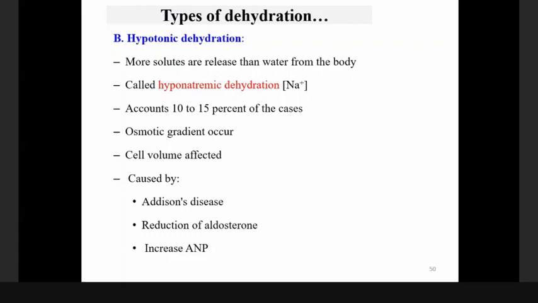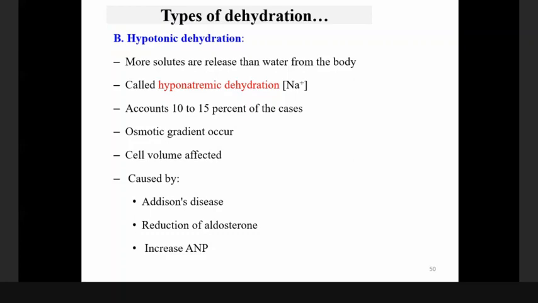So the sodium concentration is going to reduce, and if that is less than 135, it's called hyponatremia. So another name of hypotonic dehydration is hyponatremic dehydration. And it accounts for 10 to 15% of the cases.